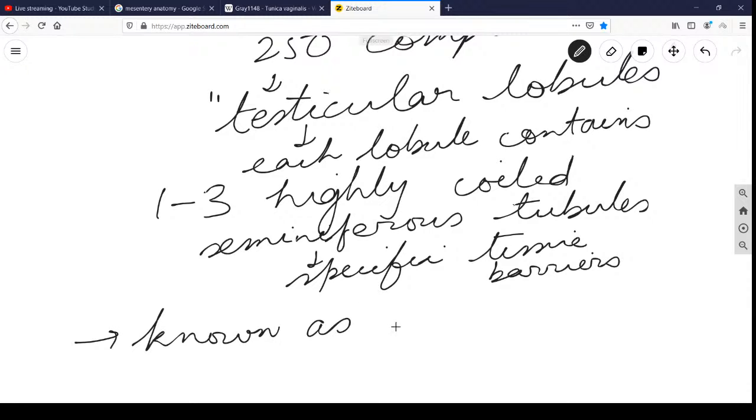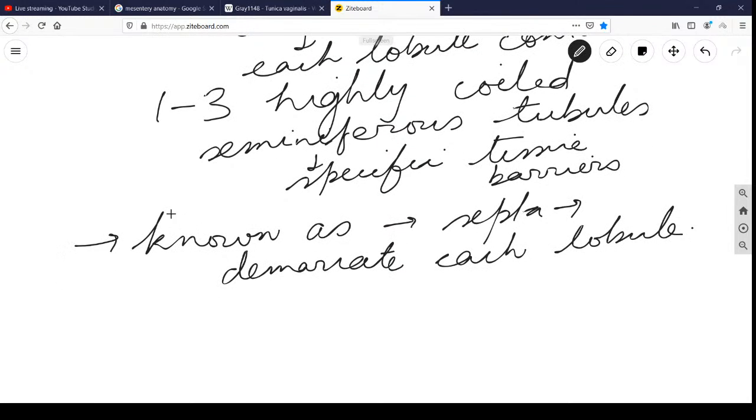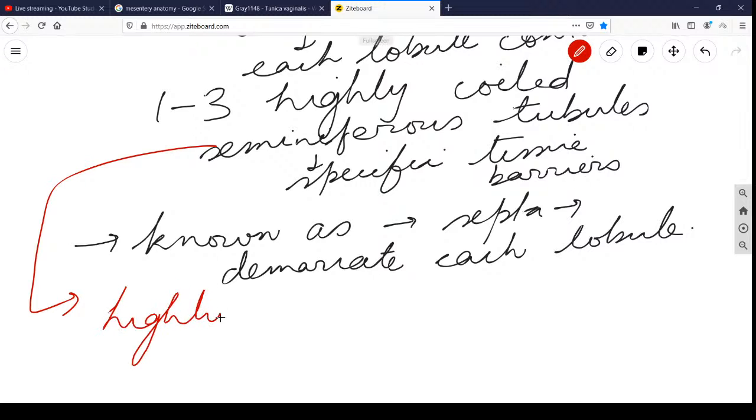So the septa demarcate each lobule. And now we know that the seminiferous tubules are highly coiled structures.